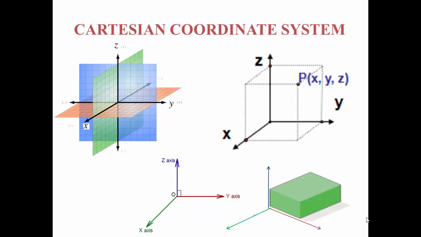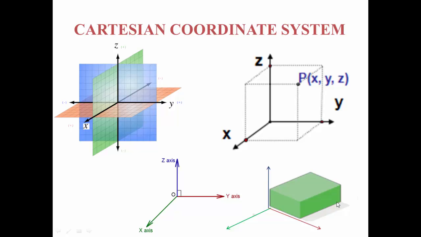Cartesian coordinate system. This is the x-axis, y-axis, and z-axis. Just consider a rectangular object placed like this. This is the length, this is the width, and this is the height.